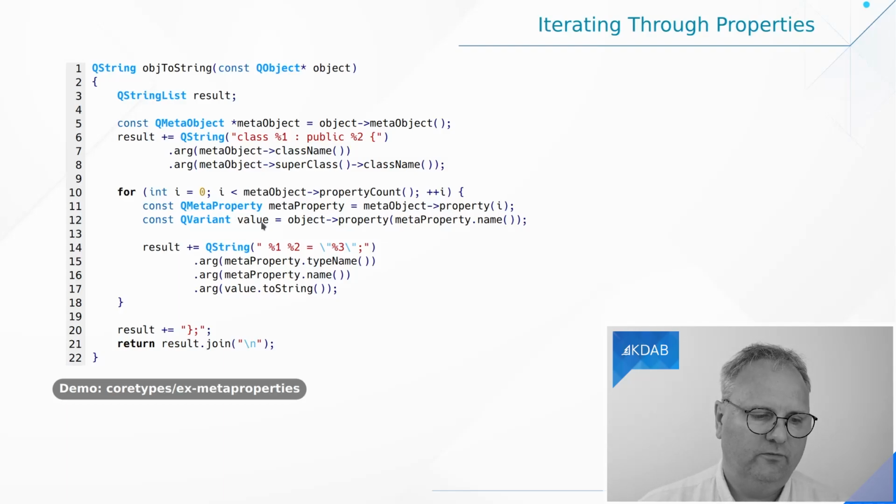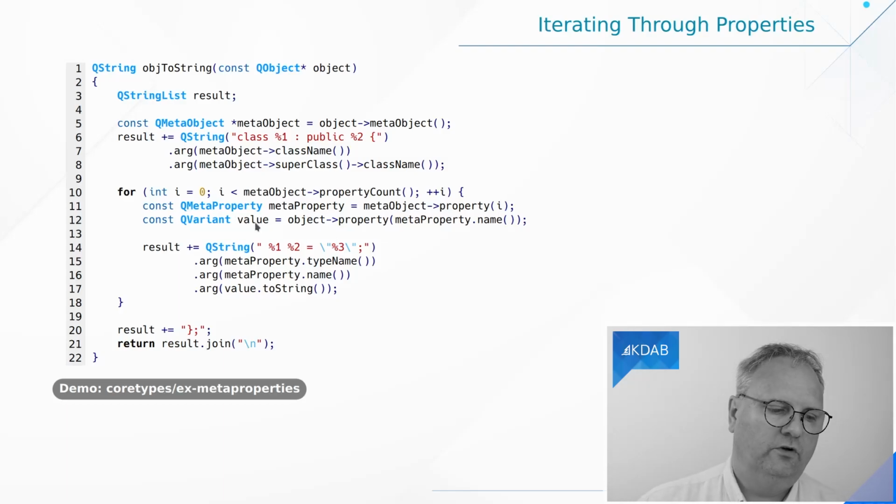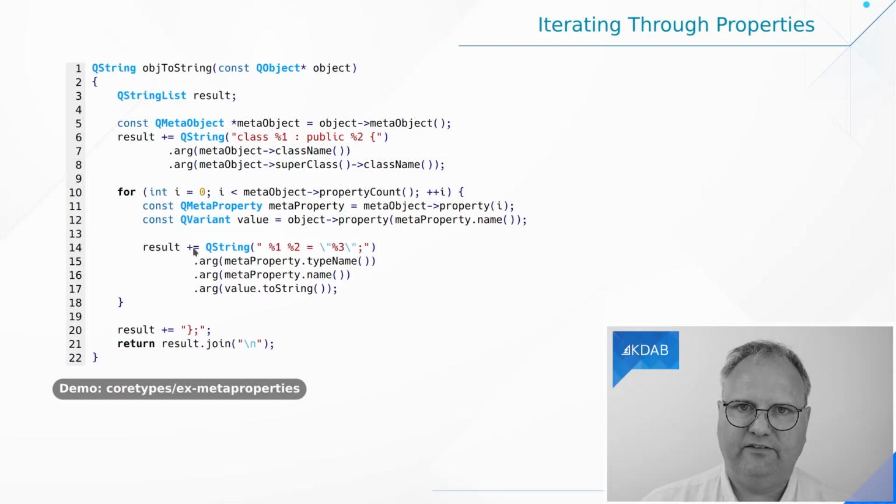I'll take that value, which is a QVariant, and then I'll add to my result here the string list, namely space %1, %2 equal to %3. What these are is meta property dot type name, that was the meta property here.